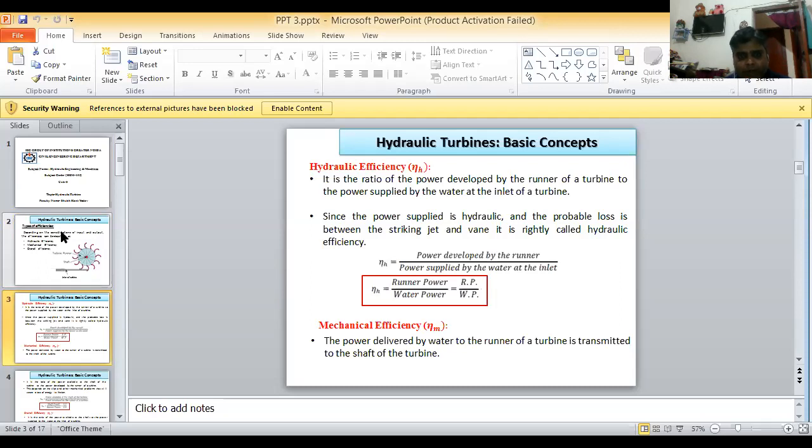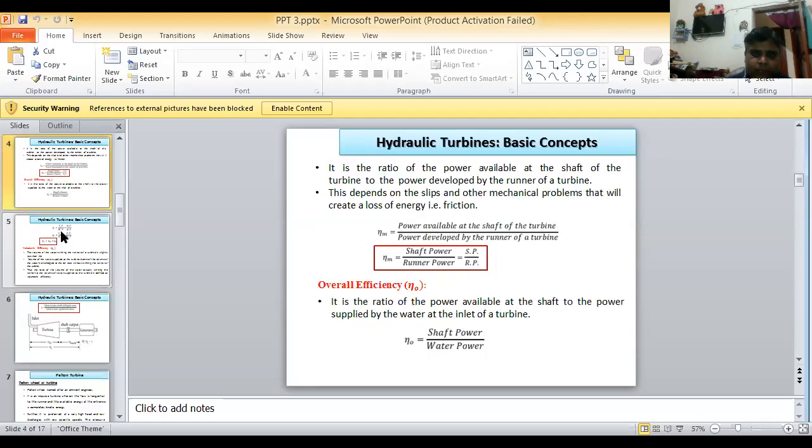Now, mechanical efficiency, denoted by ETM. The power delivered by water to the runner of a turbine is transmitted to the shaft of the turbine. It is the ratio of power available at the shaft of the turbine to the power developed by the runner of a turbine.